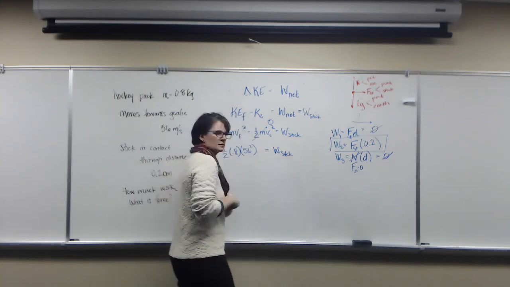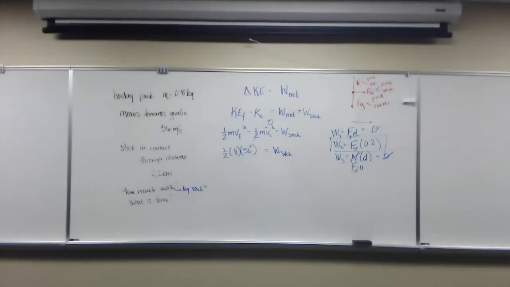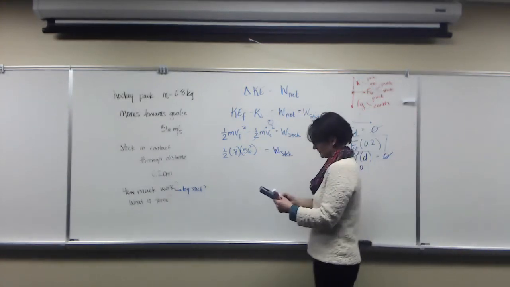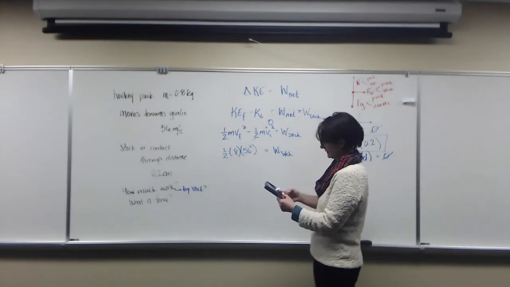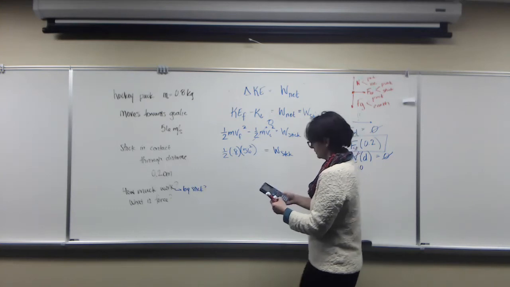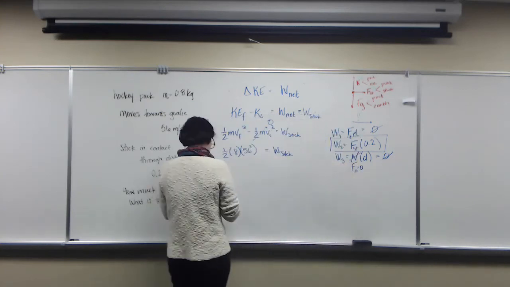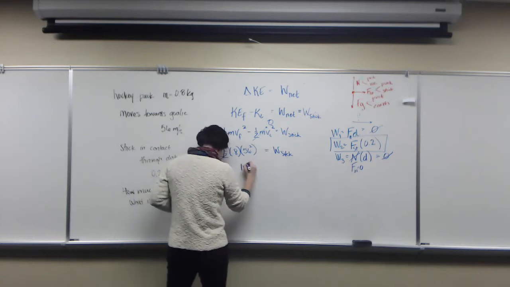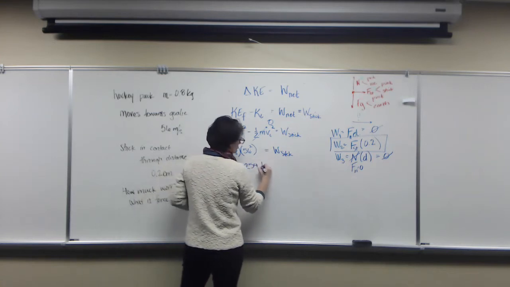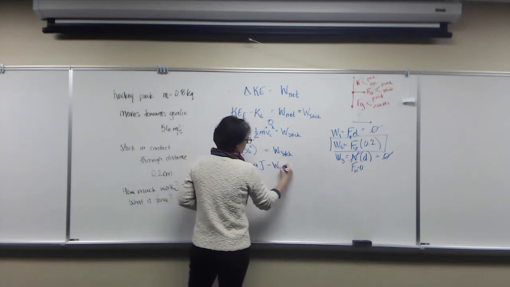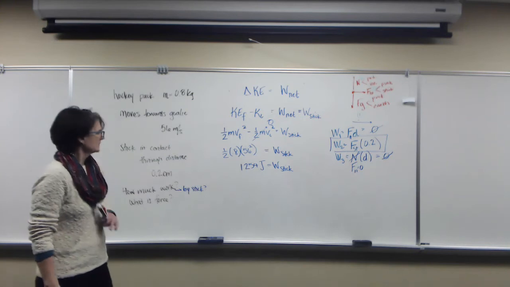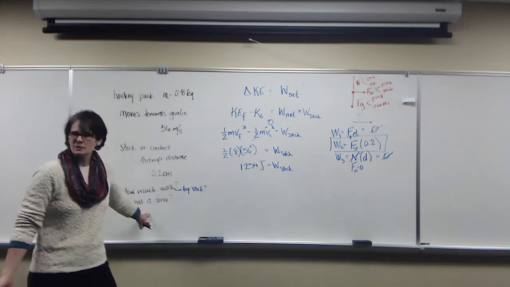So, my calculator, we have 0.5 times 0.8 times 56 squared. To get the work done is 1,254 joules of work by the stick. The second problem asks, well, how big is that force?